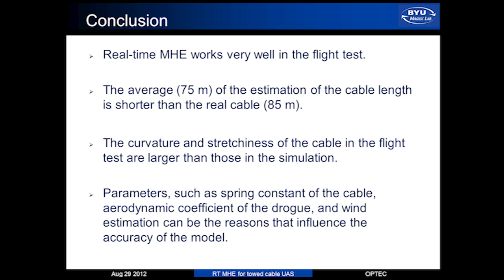The reason is that we use a rigid link model to simulate this cable, which may not be that accurate, or the number of links may not be enough to represent the cable well. Also, the curvature and stretchiness of the cable in the real flight test is much larger than in the simulation.